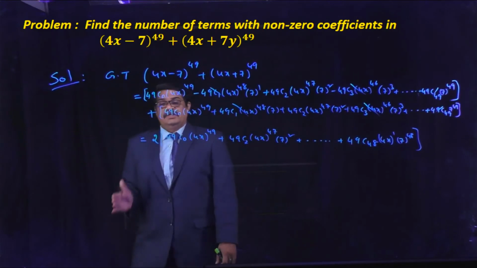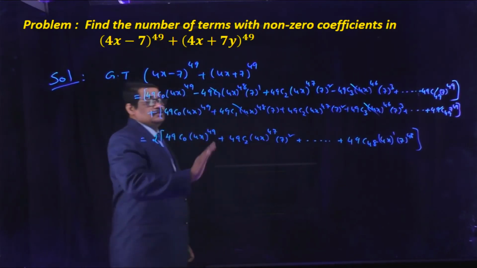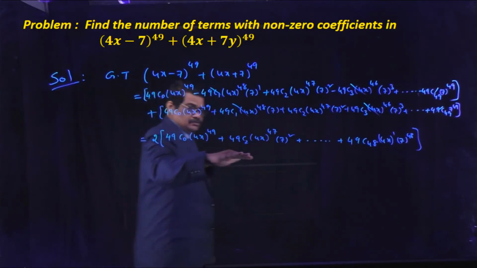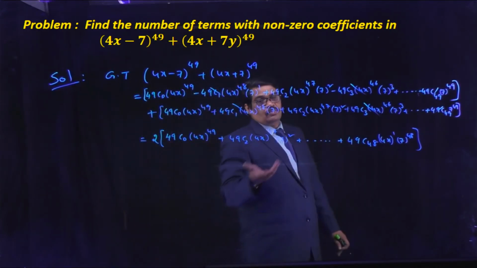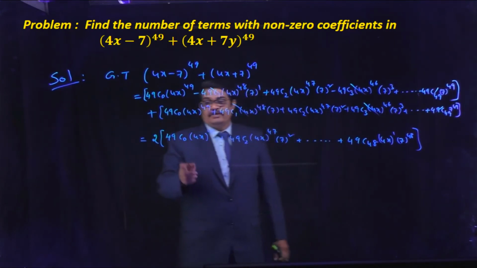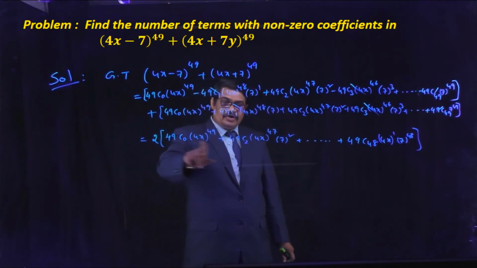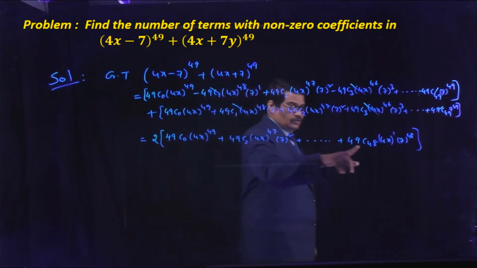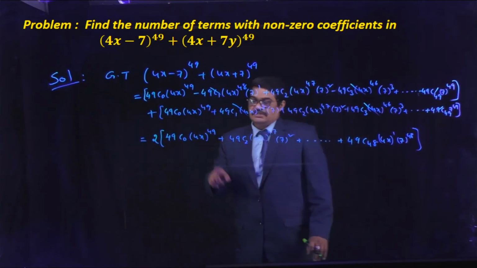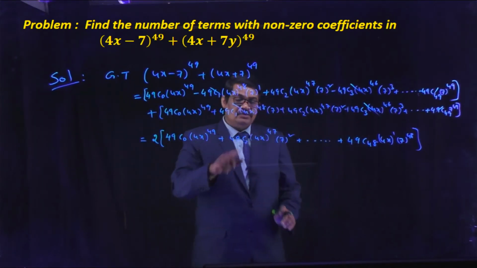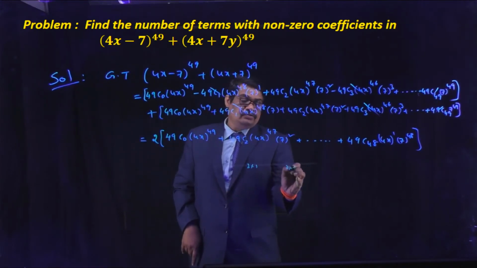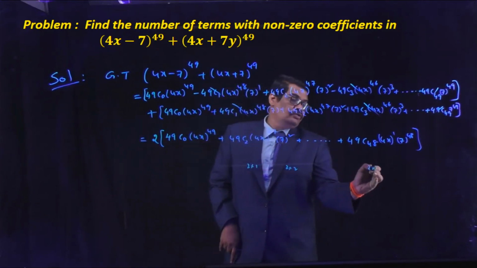Now, how many terms are there in these remaining terms? Observing from 49C2 up to 49C48: C2 is 2 into 1, then 2 into 2, and so on, up to 2 into 24.